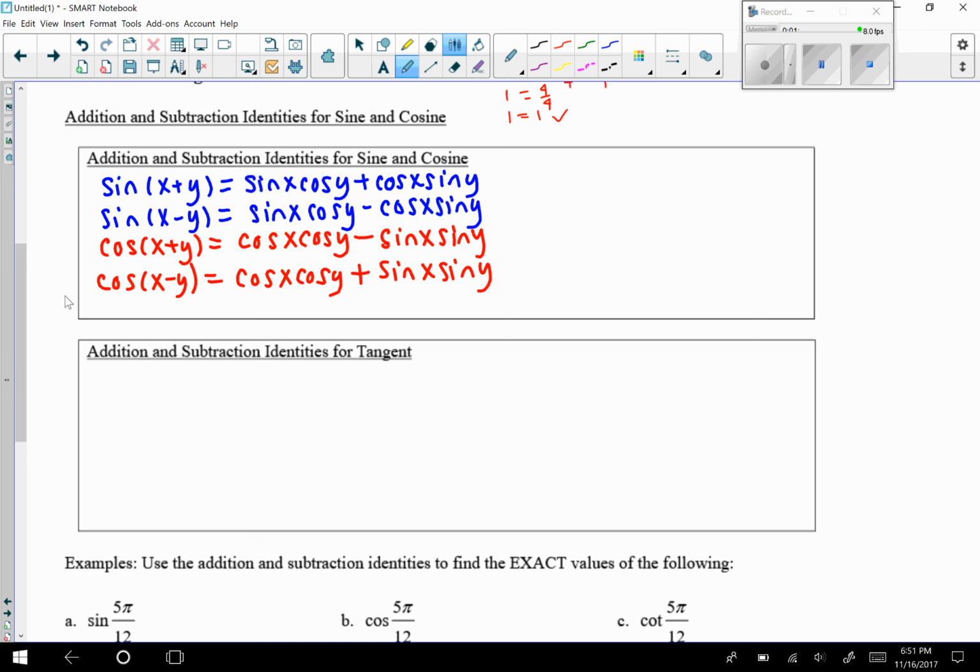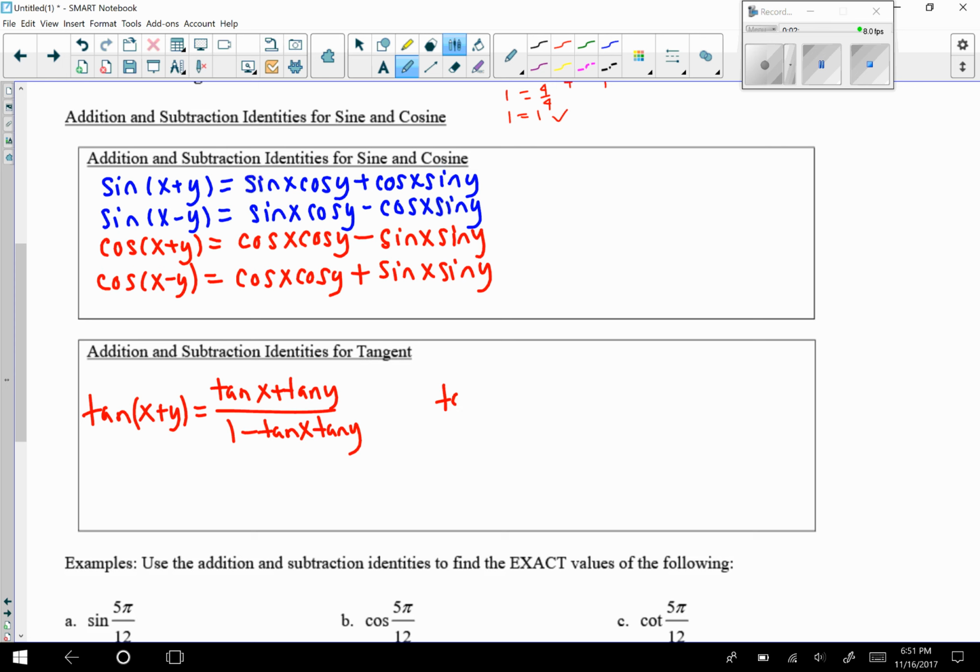And then we can write our tangent addition and subtraction identities. So for tangent x plus y, it's equal to tangent x plus tangent y over 1 minus tangent x times the tangent of y.